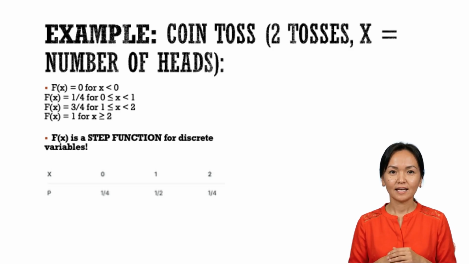And for x greater than or equal to 3, F(x) equals 0.999 plus 0.001, which is exactly 1. Notice the jumps at 0, 1, 2, and 3 with jump sizes 0.729, 0.243, 0.027, and 0.001 respectively.